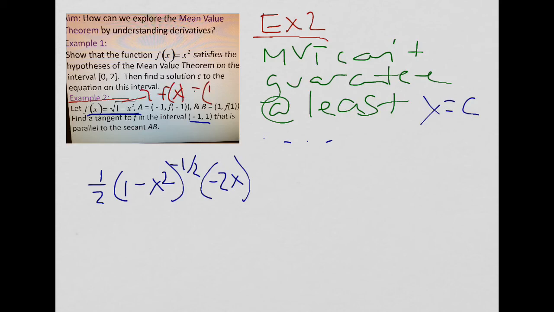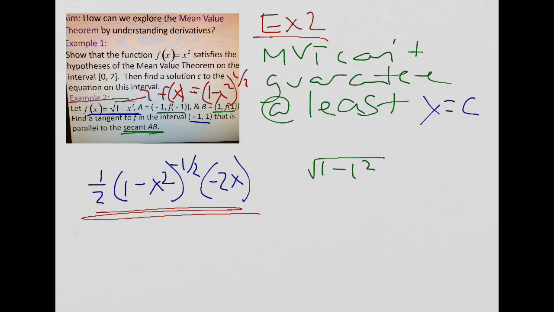So it's the quantity of 1 minus x squared to the 1/2 power. So I did power chain rule here. And we're going to do the slope for the secant, okay? And the slope of the secant is f of 1 minus f of negative 1. So we're plugging 1 into our function, and we're plugging negative 1 into our function, subtracting them.